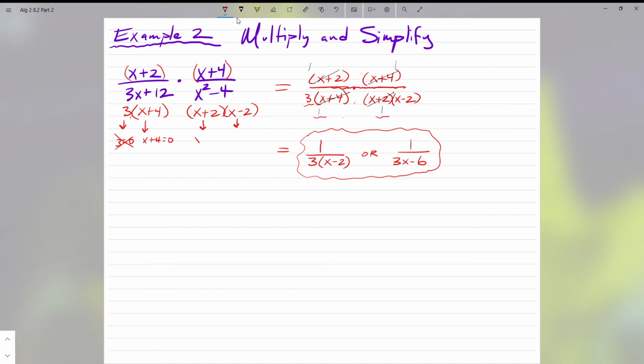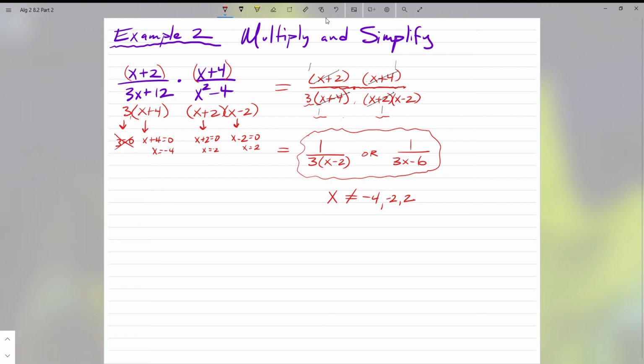But each of these other 3 factors, when you set them equal to 0, would give you 3 different domain restrictions. So I'm mainly doing this so you get used to that habit or practice. The domain restrictions, if you were asked for them, would be -4, -2, and 2.